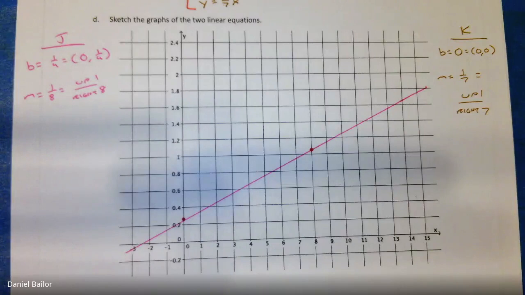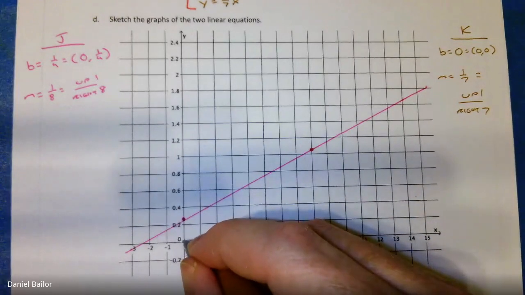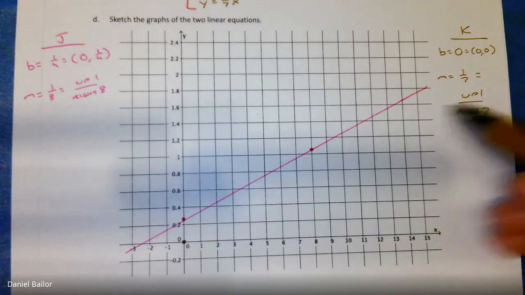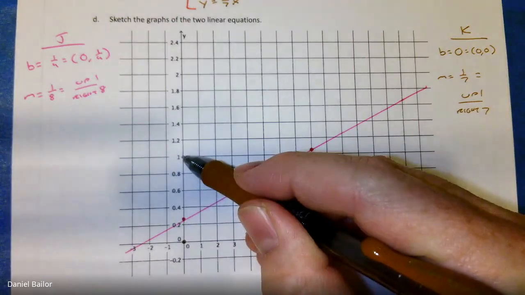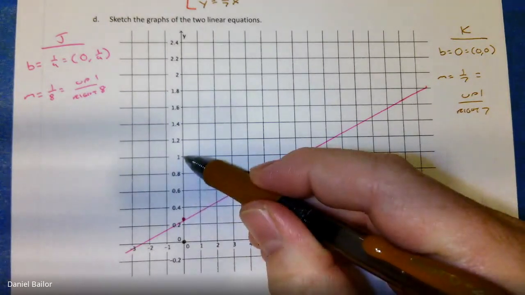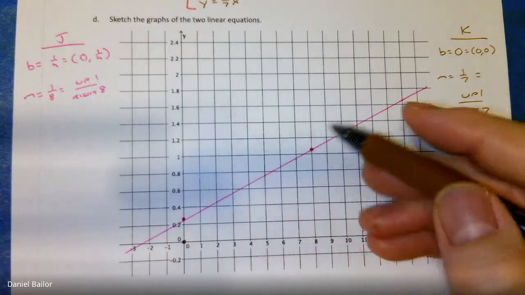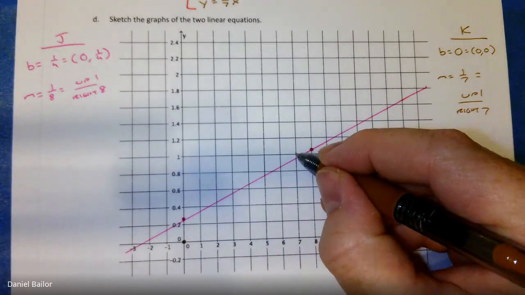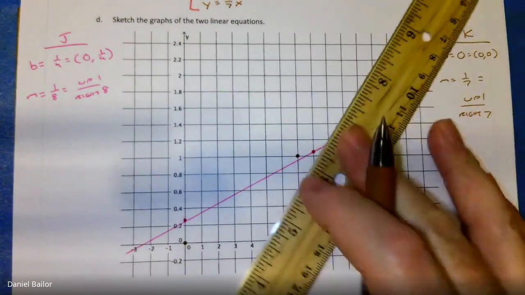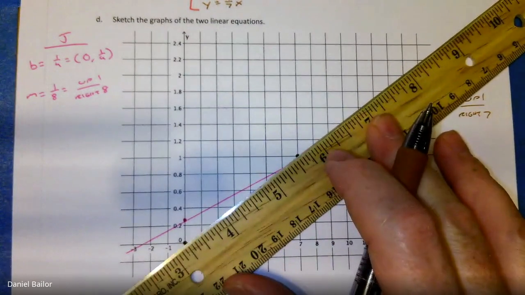Now let's worry about Carl. Carl crosses at 0, 0. So that's his y-intercept. And now we follow his slope rule, which is up 1, right 7. So up 1, we go to 1, because that's 1. We don't go up 1 box. We go up 1. And then we go right 7, which means his second point is right there.